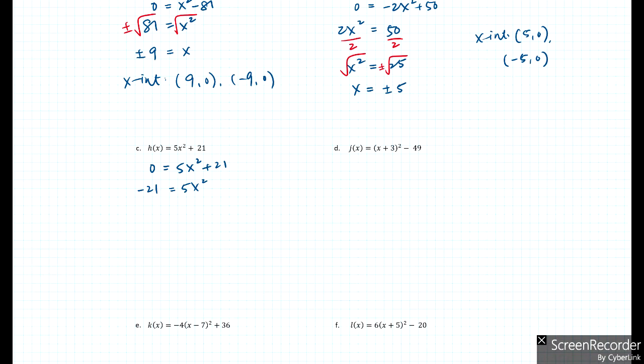If we have some value squared multiplied by a positive number, this right-hand side should always be greater than or equal to 0. If x is 0, we will have that equality.